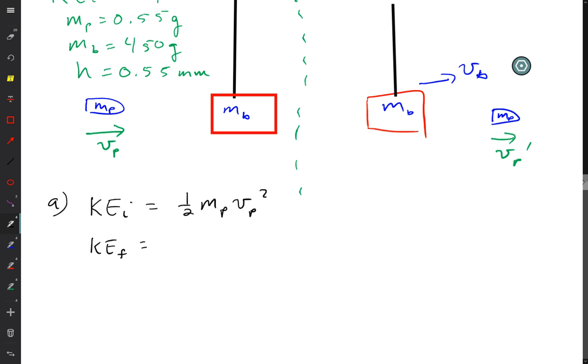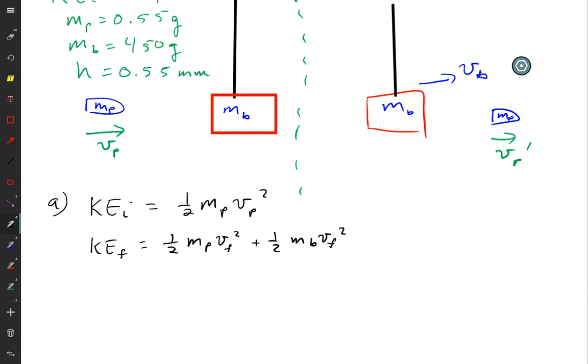And so it'd be 1/2 mass of the pellet V final squared plus 1/2 mass of the block V final squared. I put V final squared for both because if it is following the rules we have for an inelastic collision, those should be the same final speed.